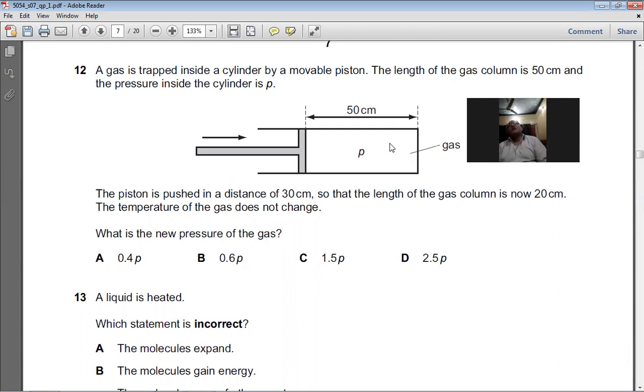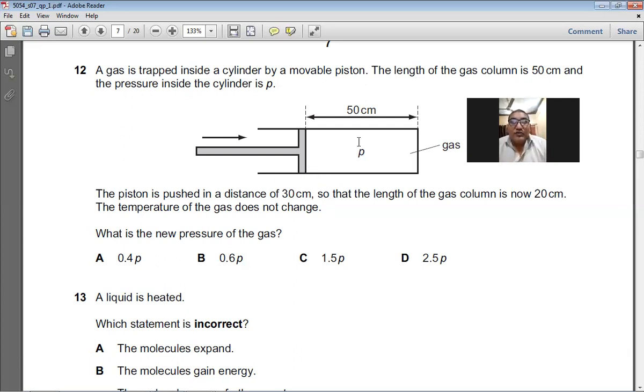And you know the volume is equal to cross-sectional area multiplied by length. So the piston is pushed in a distance of 30 centimeters, so that the length of the gas column is now 20 centimeters. The temperature of the gas does not change. What is the new pressure of the gas?